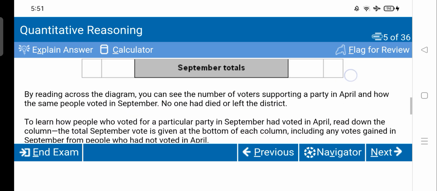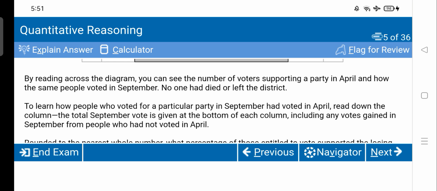And the question is that by reading across the diagram, you can see the number of voters supporting a party in April and how the same people voted in September. No one had died or left the district.